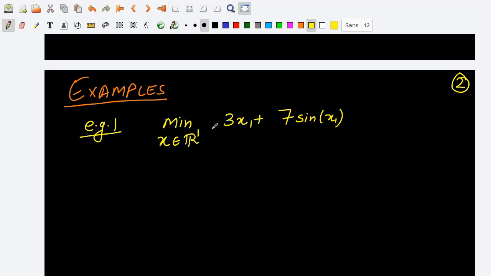We will say that this is an unconstrained problem in one variable.